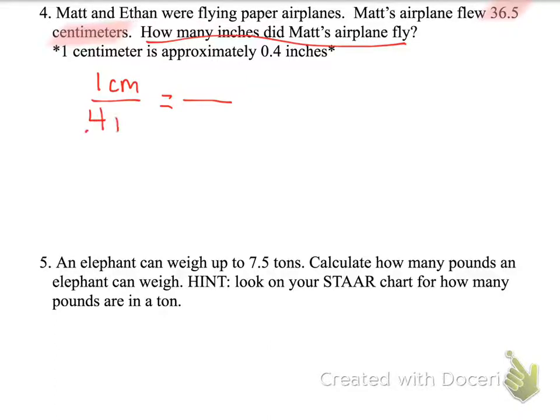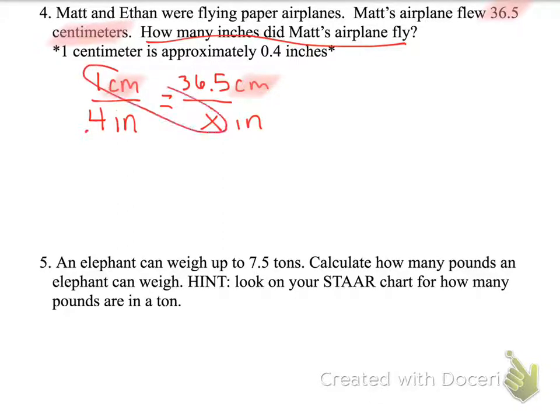So we have 1 centimeter equals 0.4 inches. And then we need to know what else we know. Well, we know that 36.5 centimeters, and that goes on top. It matches, if you see right here, centimeters matches centimeters. And then we don't know how many inches there are.